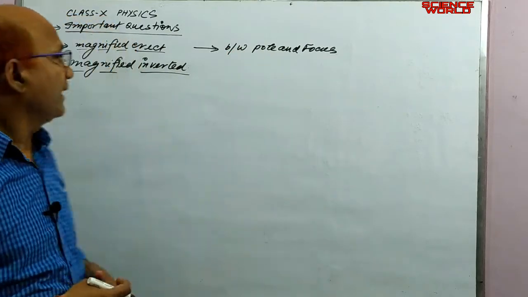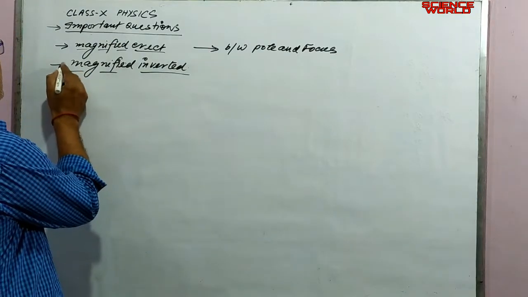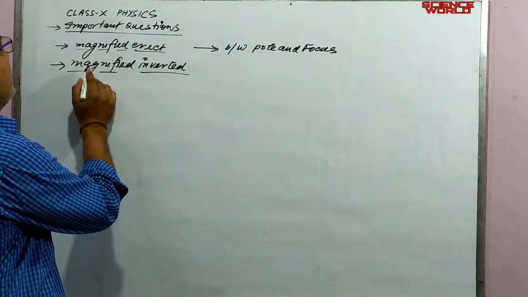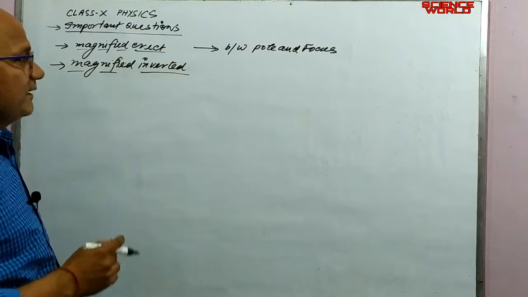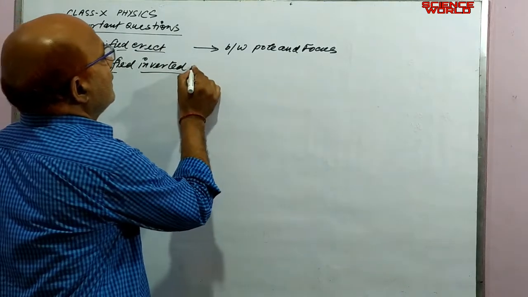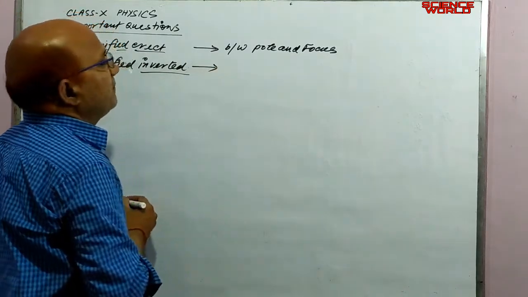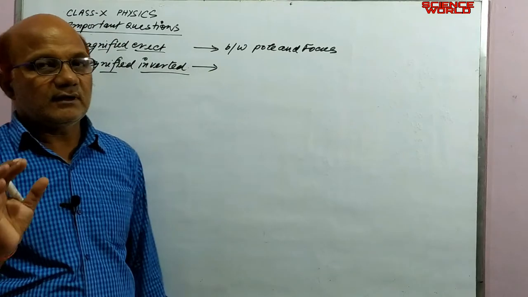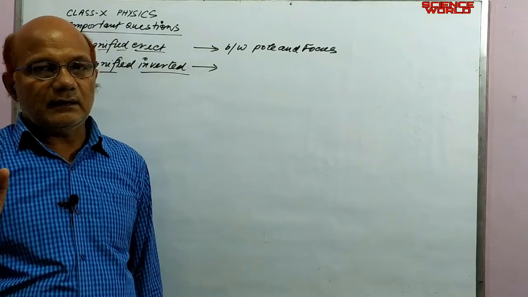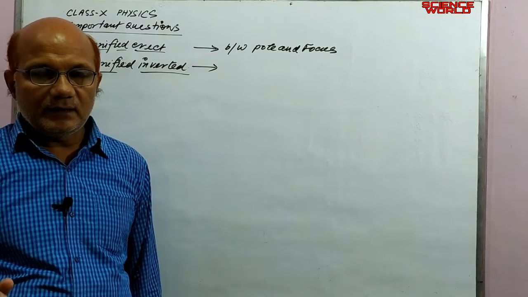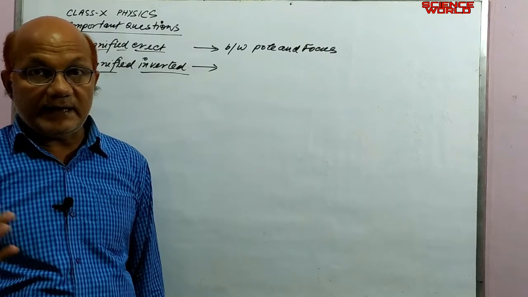Okay, and this one, if you want to get a magnified inverted image, then where do you place the object? As you can see, the image is inverted and it is magnified.